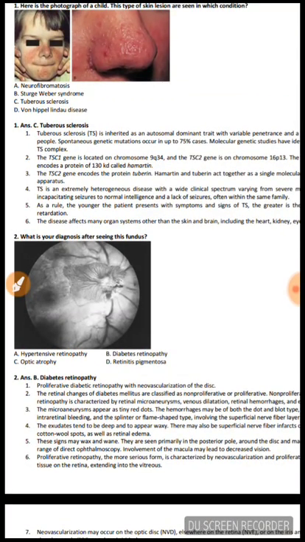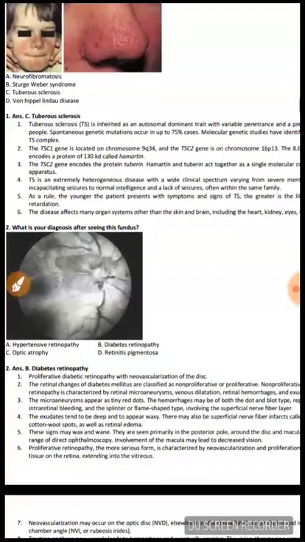Now this tuberous sclerosis topic is very important for your exam, and you must know every point from this topic. So try to read tuberous sclerosis from your notes or from any standard books like Harrison, from the newest edition.